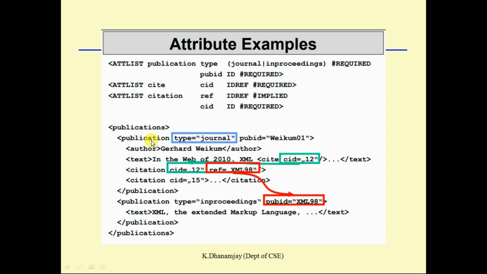In that root element I am passing one attribute, type equal to journal. Journal is the value. You can use either journal or proceedings.